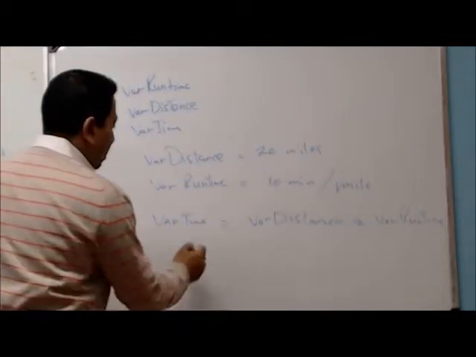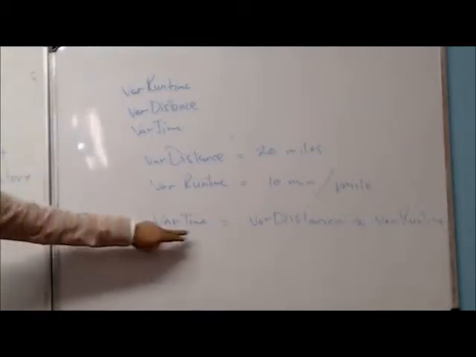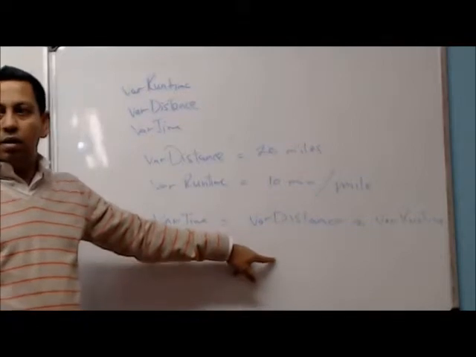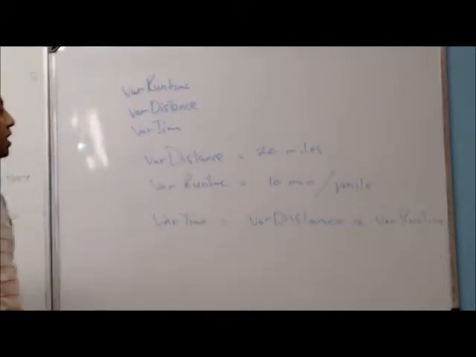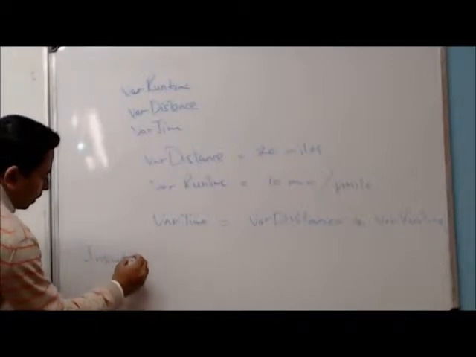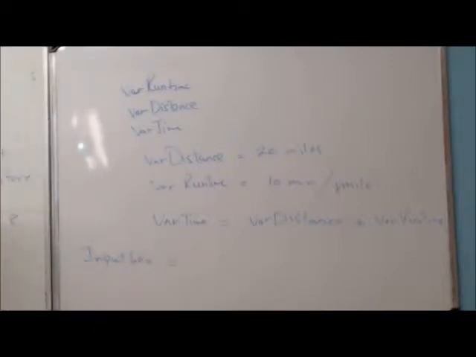Now, tell me, if this changes, this one depends on those two, doesn't it? Now, I can always change this one. So I can say there is an input box, and I can say, okay, tell me how long it takes for you to run 1 mile.